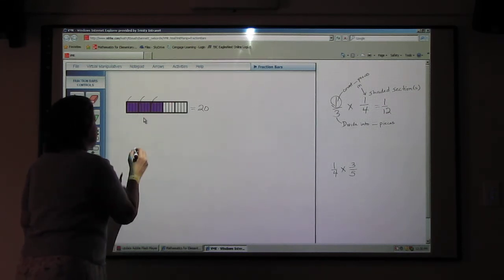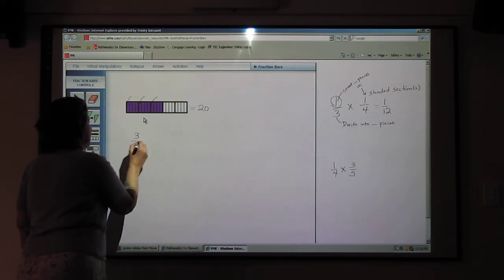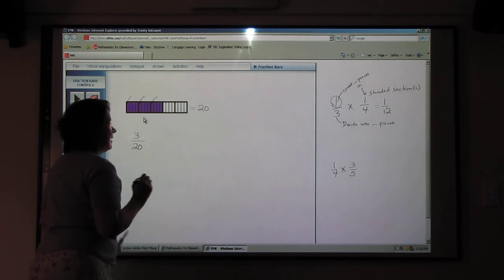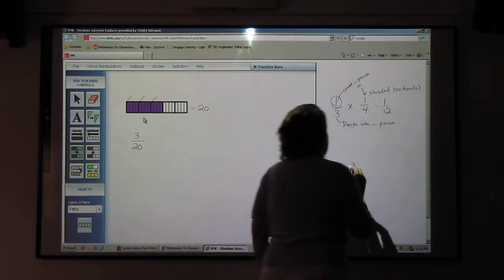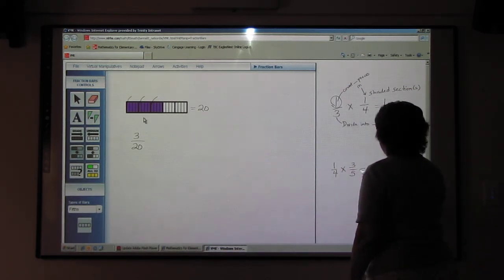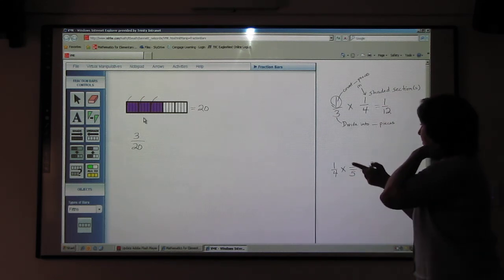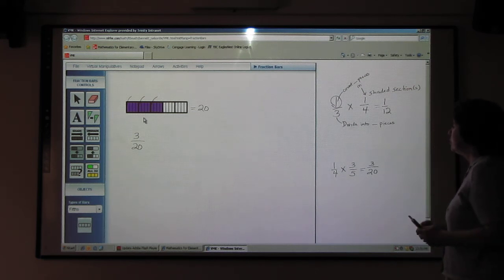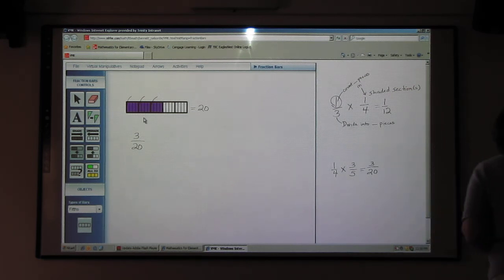Altogether, I have counted 3 pieces out of all the sections, 20. And if you did the multiplication in the traditional way, we would do 1 times 3 is 3, and 4 times 5 is 20. Okay? And so we can see that we actually do have the same answer.